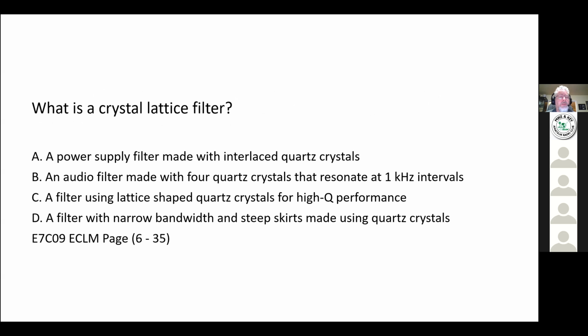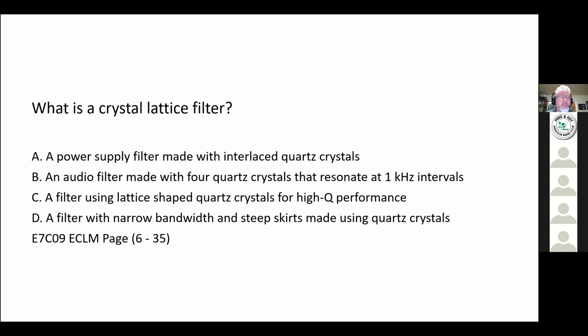What is a crystal lattice filter? A, a power supply filter made with interlaced quartz crystals. B, an audio filter made of 4 quartz crystals that resonate at 1 kilohertz intervals.